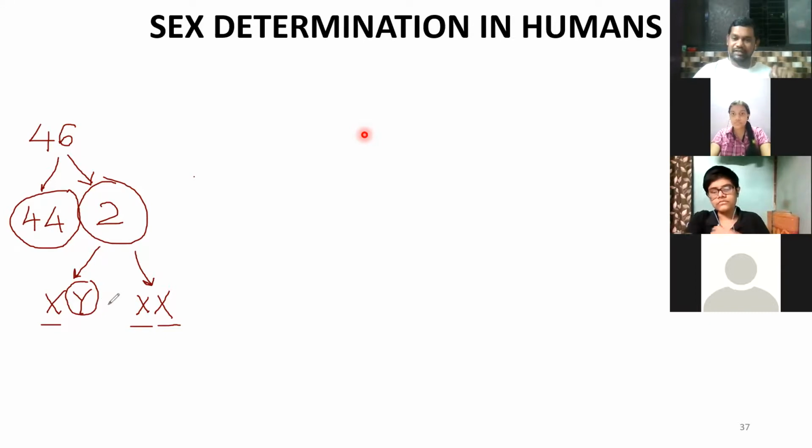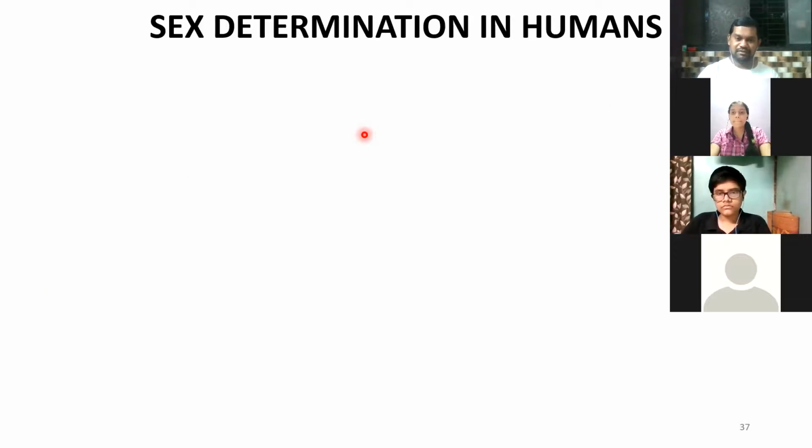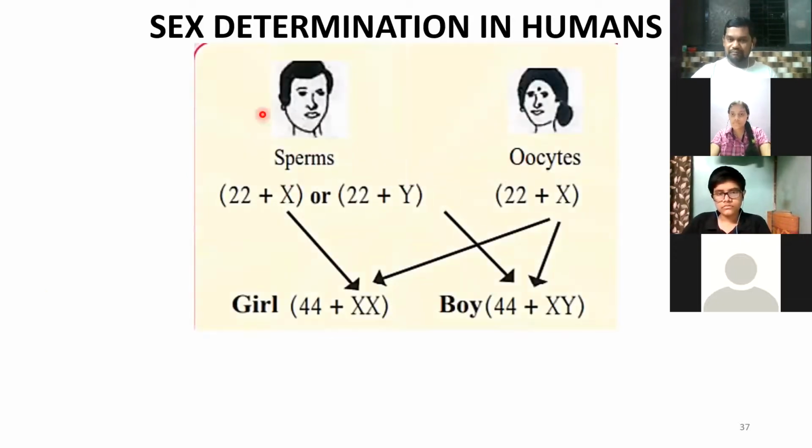Okay, so what happens is, out of these 44 chromosomes, during gamete formation they divide equally, 22 and 22. Based on that, now you have to understand how the sex is determined. See this. In case of males, there are sperms.